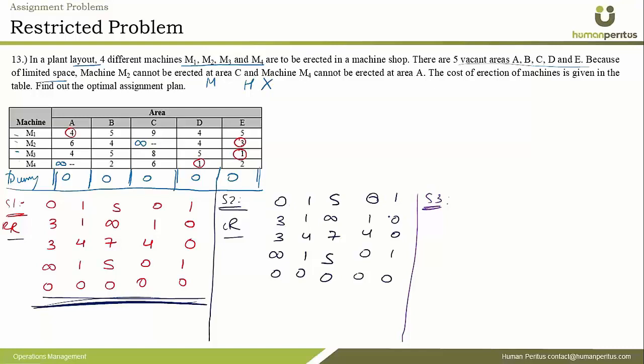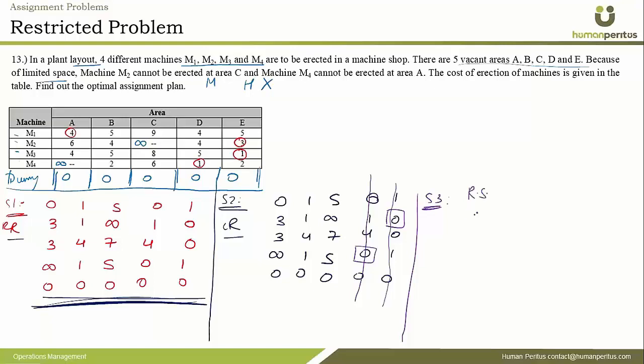In the second row, there is 1 zero, so let me assign this and cross the corresponding column. For the third row, there is no zero. For the fourth row, there is 1 zero. I can assign this zero here and cross this particular column. For the last row, there are 3 zeros, so we cannot do anything. Now let us do column scanning.